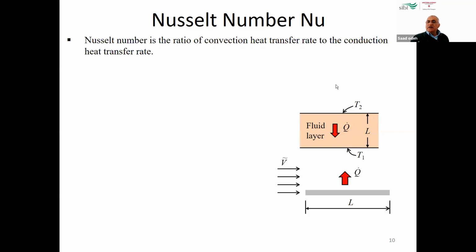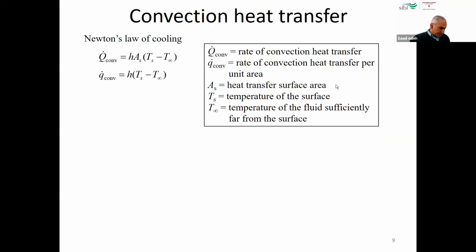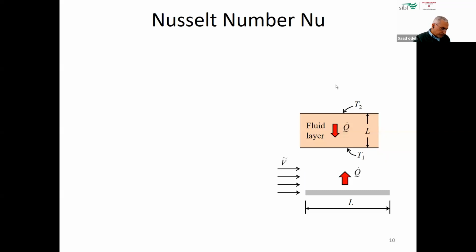Why do we have this ratio? We are talking about convection. Why are we putting conduction here? Conduction is not our topic now. The answer is, as you remember, if you go back to maybe the previous slide, we said that when the flow comes from upstream over a surface, this part will have almost zero velocity, or lower temperature, and then we start to have higher velocity or temperature.